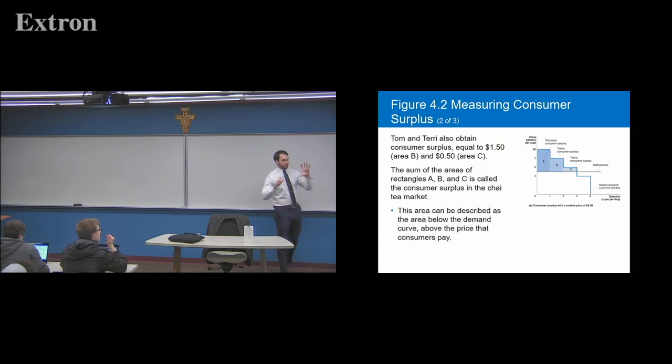So if all of these people are the entire tea market, the consumer surplus in this case would be the sum of these areas, so the sum of A, B, and C, or the sum of $2.50, $1.50, and 50 cents.